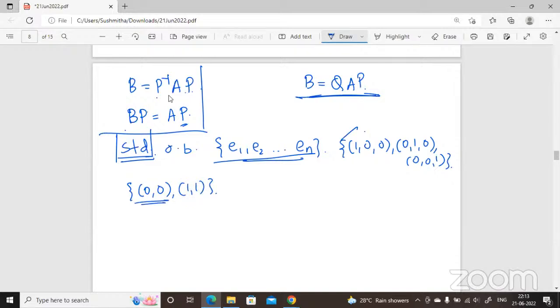Then what are the options for R2? Suppose I take 1, 0 and 0, 1. This is another basis. You can choose any two vectors which are linearly independent, then you get a basis. Okay, actually I am confused with R2.